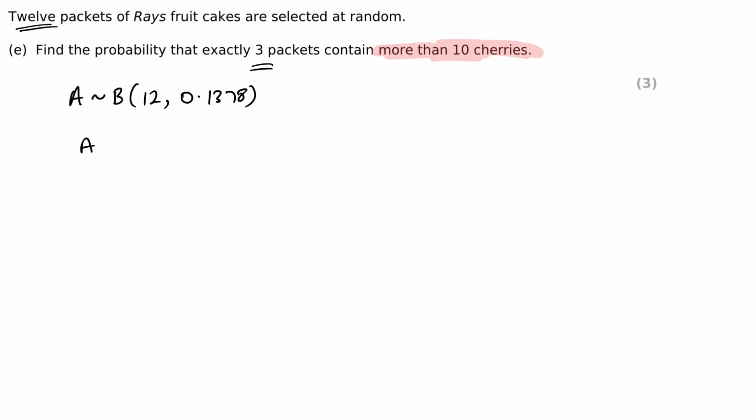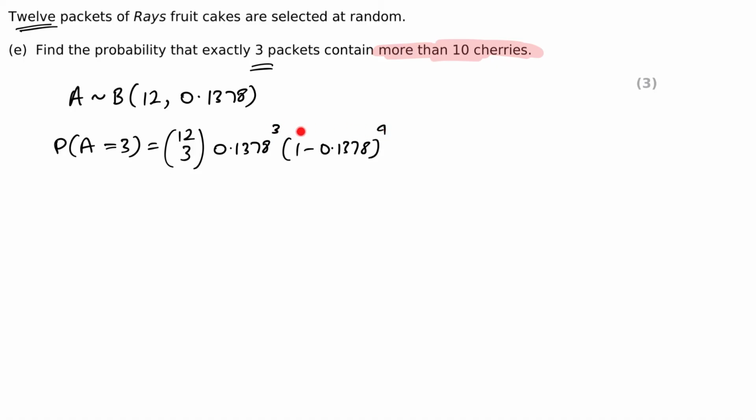Now what I'm looking for is the probability that A equals 3, so exactly 3. So remember now our nCr, our 12 and 3. Then we've got 0.1378 to the power 3, and then we've got 1 minus that 0.1378, and that will be to the power 9.